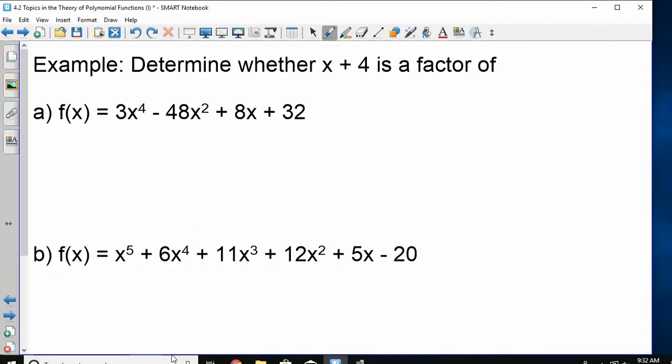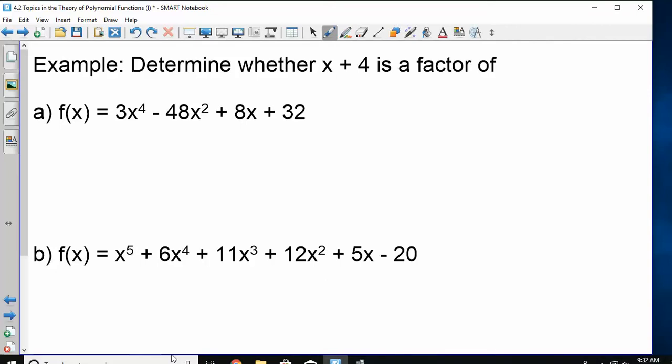I want to know if x plus 4 would divide it evenly. So my options. I can either do synthetic division, and what would I be dividing by? Negative 4. Or, since all I really care about is the remainder, I could plug in negative 4.